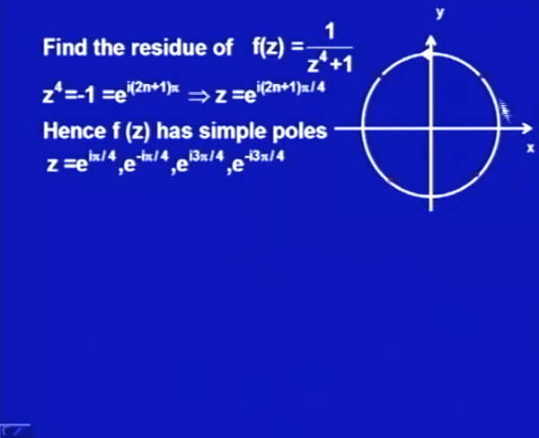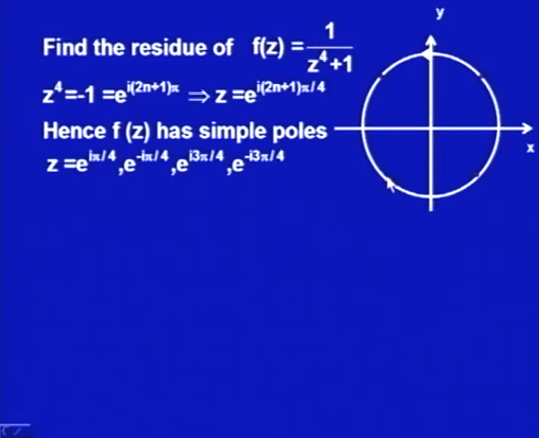Let us see what these points are. If I make this a unit circle, then the points are e to the power i pi by 4, this is the point; e to the power i 3 pi by 4, this is the point; e to the power minus i pi by 4; and this is the point e to the power minus i 3 pi by 4.